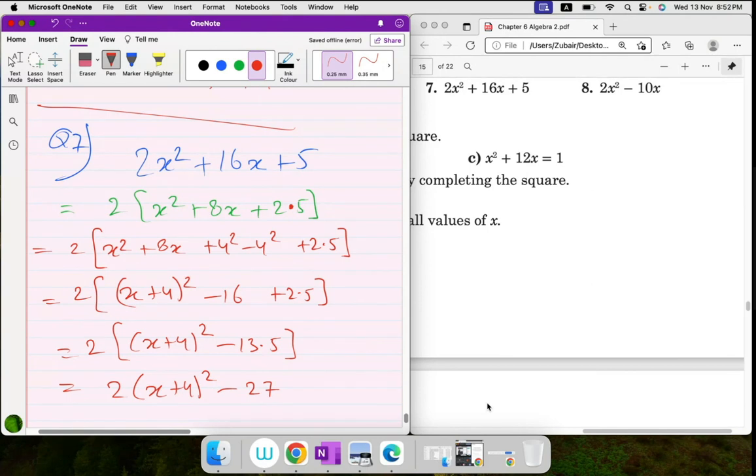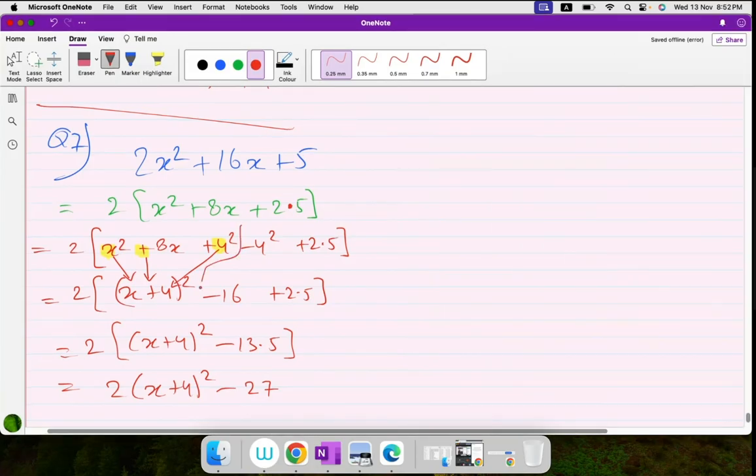Yes, sir, I'm getting 2(x plus 8) square minus 27. Whereas that's not 8, that is 4. We copy this x, this positive sign, and this 4. 8 was basically due to 2ab. Now imagine this thing only.